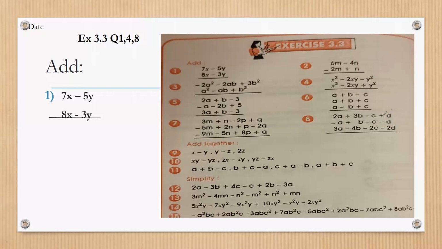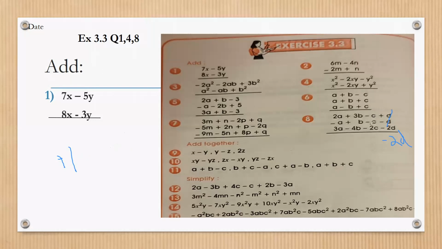Here +1 -1, beta, remember this: what is the answer of +1 -1? It is 0. In the same way, if we are having a plus term and a minus term, it will be cancelled. We get the answer -2d, because plus d minus d will be cancelled.